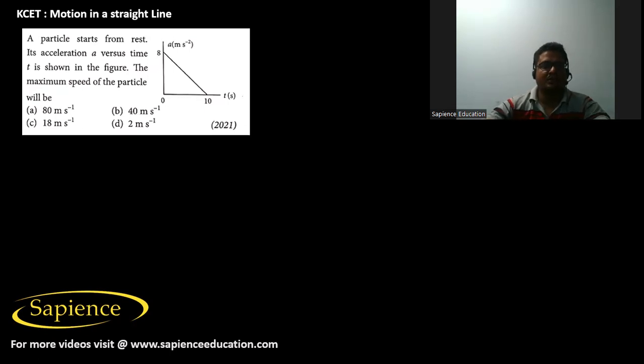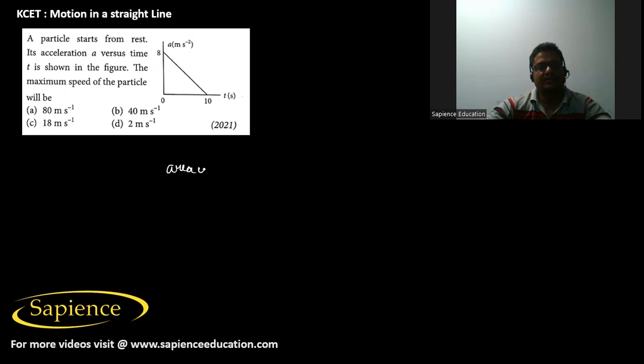Then it is told a particle starts from rest, its acceleration a versus time t is shown in the figure. The maximum speed of the particle will be. So here it is the acceleration versus time graph. So we know that change in velocity is the area under the acceleration time graph.